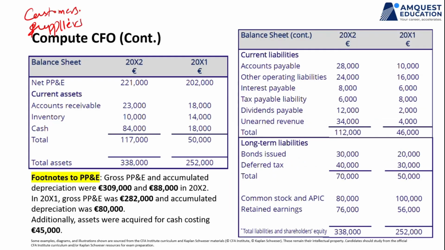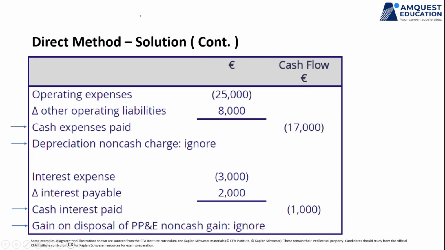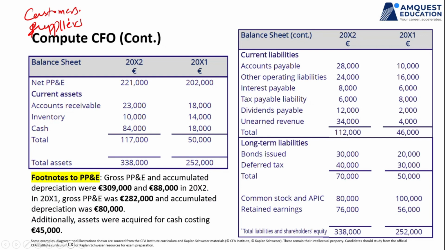So for the first one, which you're trying to estimate, if you're trying to find cash from customers, you will need revenues, right? So I will write revenue here for you. Revenue is 225,000. That is one number that you will need.